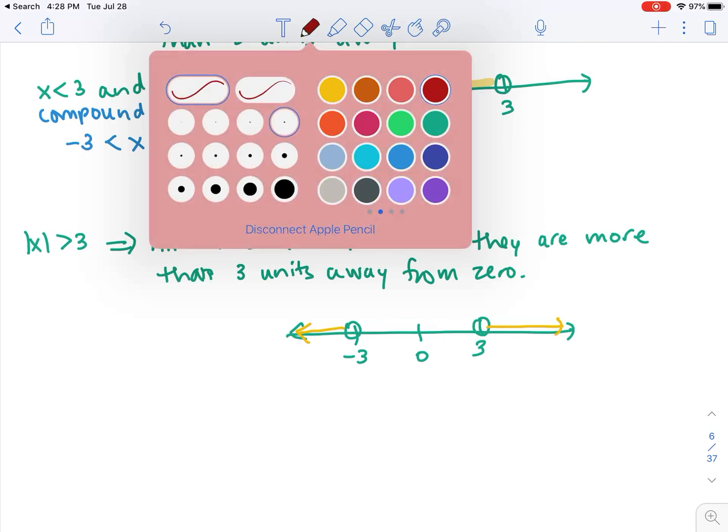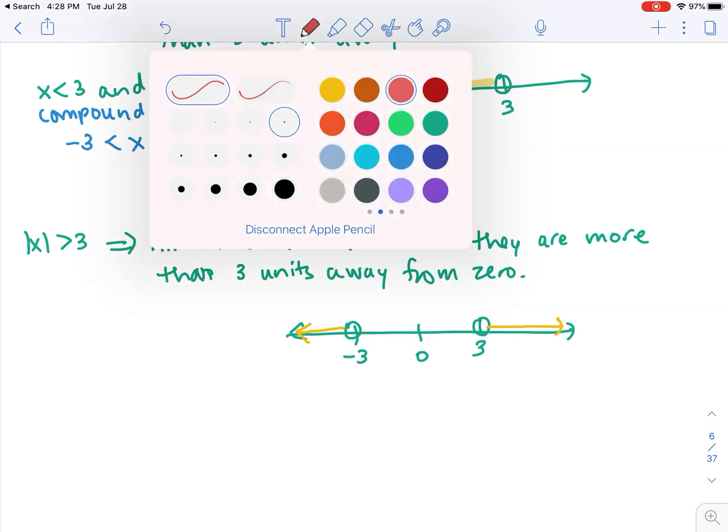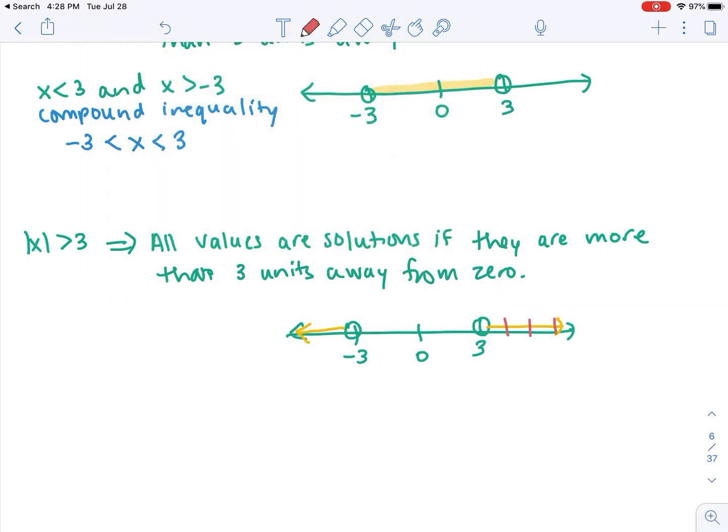If I pick any random value here, let's say 4, 5, 6, or negative 4, negative 5, negative 6, and plug it into the absolute value inequality, I would get an absolute value back of positive 4 or 5 or 6, and those values are greater than 3.